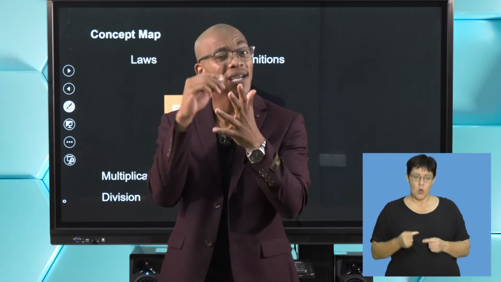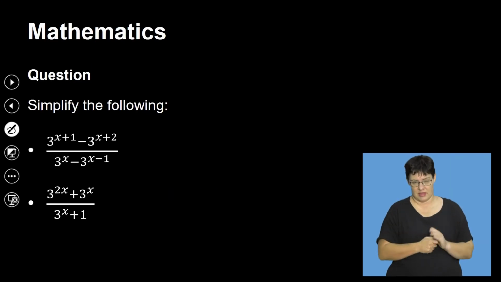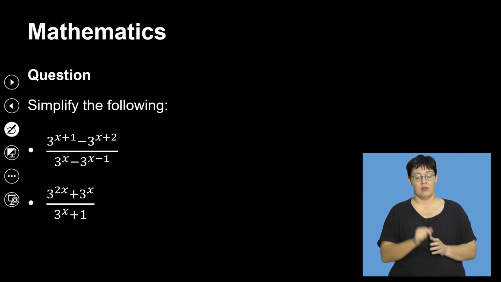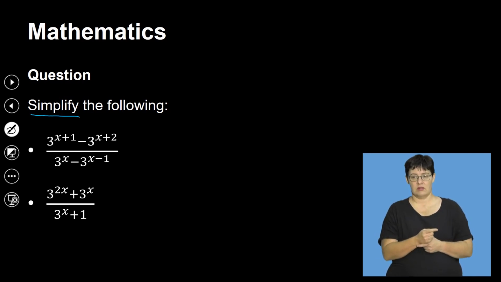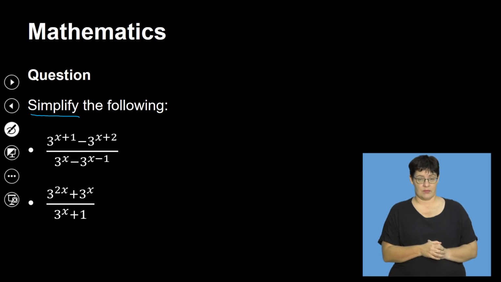But let's try these examples together. Please also try them. As I'm doing them, just also jot down something so that you understand what I'm busy doing here. Now, the question, remember, at all times, because it's expressions, it will always be simplify the following, right? That's the main statement that you will be given.